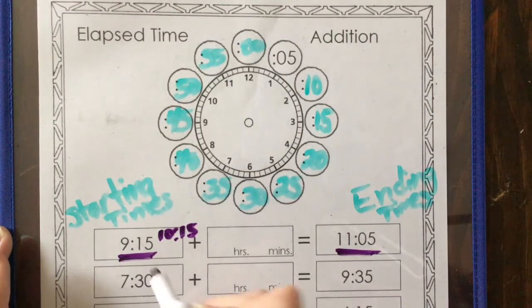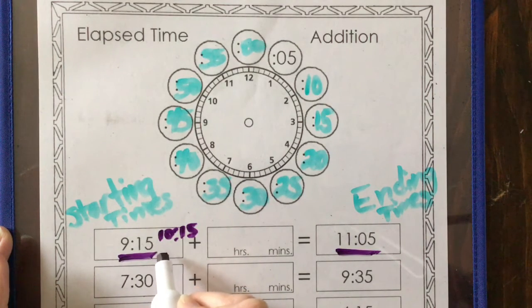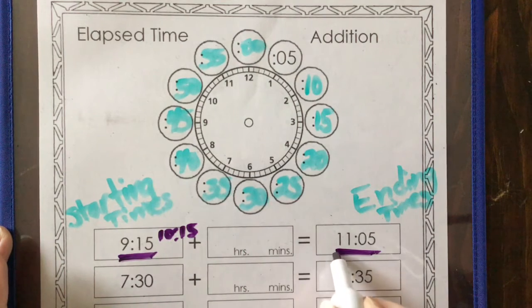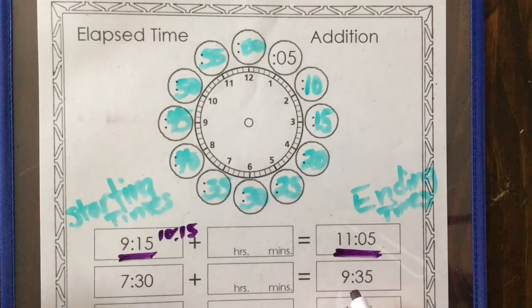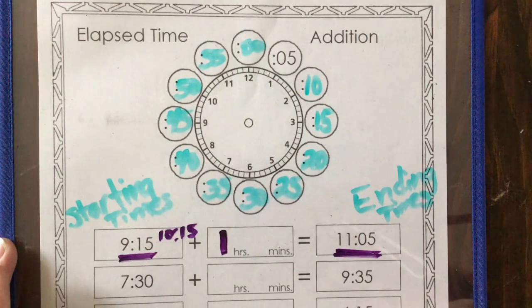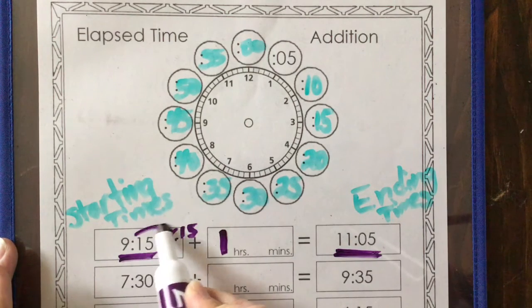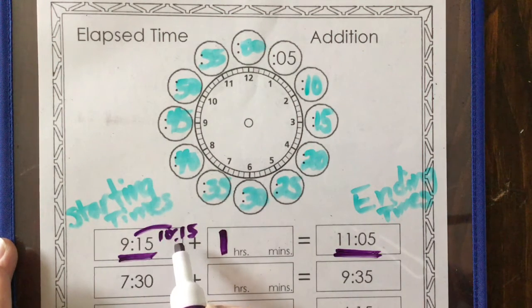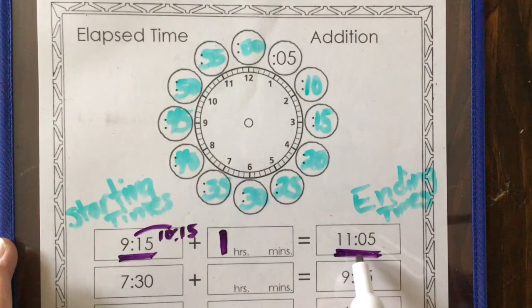Now, if I kept going and added another hour from 10:15, it would be 11:15, which is after 11:05. So I wouldn't want to add that hour. Okay, so it's only 1 hour and the rest of it is going to be in minutes. So now I figured out I have 1 hour from 9:15 to 10:15. Now I need to figure out 10:15 to 11:05. How many minutes would that be?